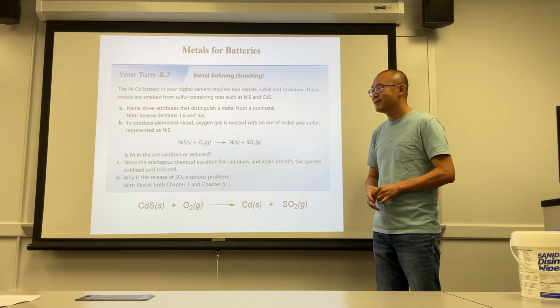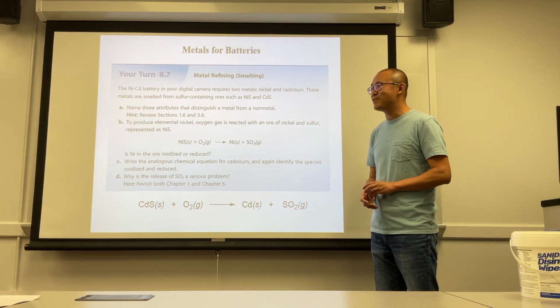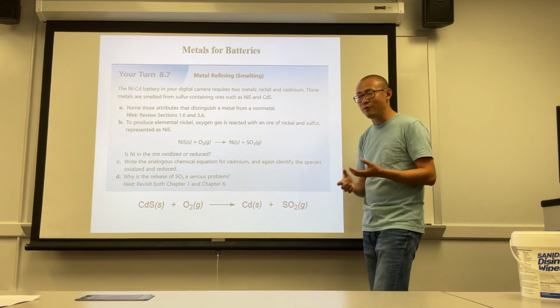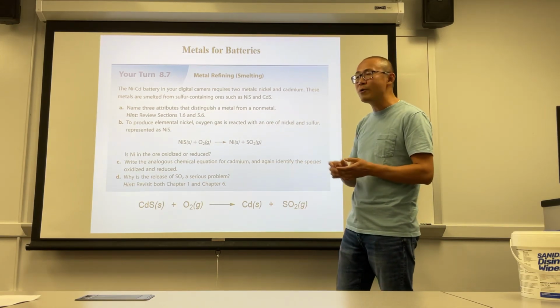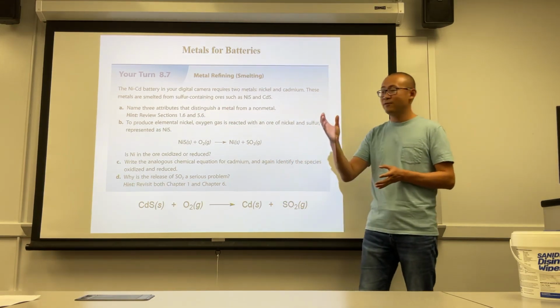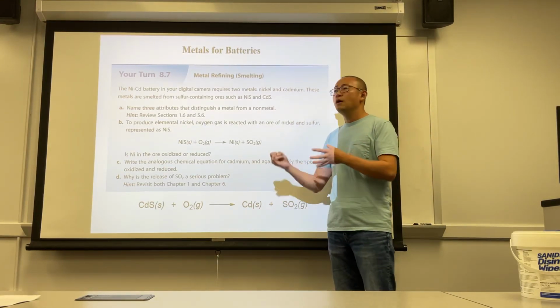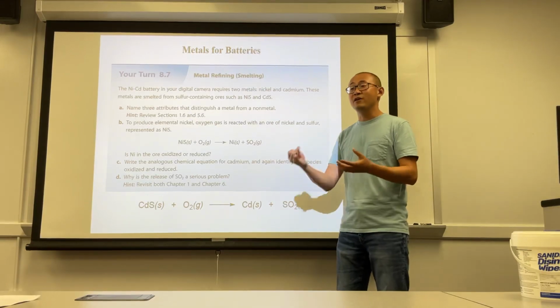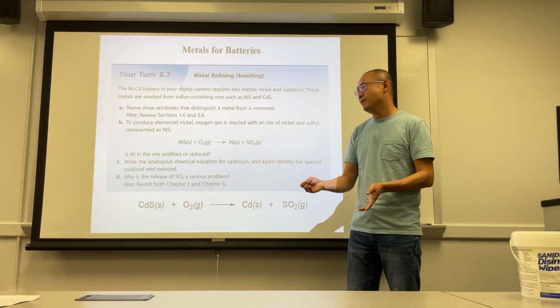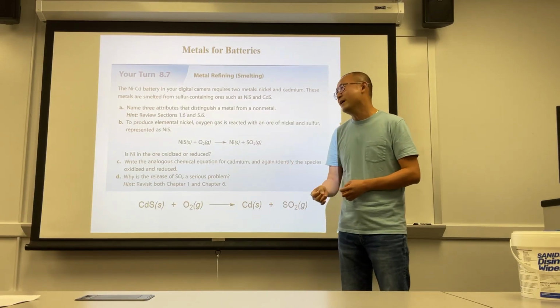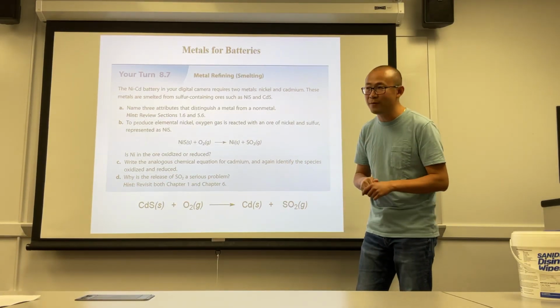What else? What's the difference between a metal and a non-metal? We studied that in chapter 1 as well, right? Why do we call them metals? Because they're shiny, they're mostly solid, they're malleable, and most importantly, metals conduct electricity. They're also good heat conductors.